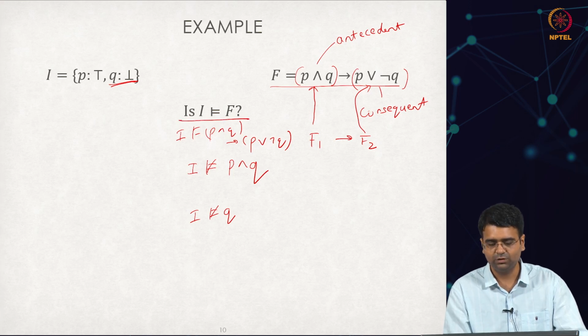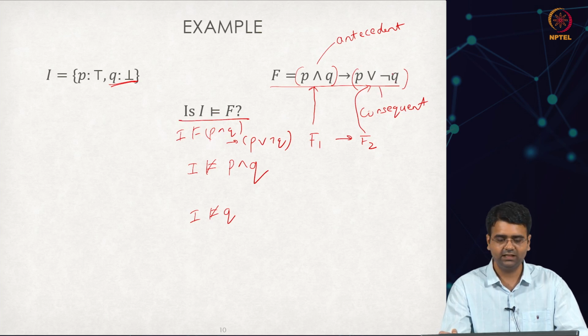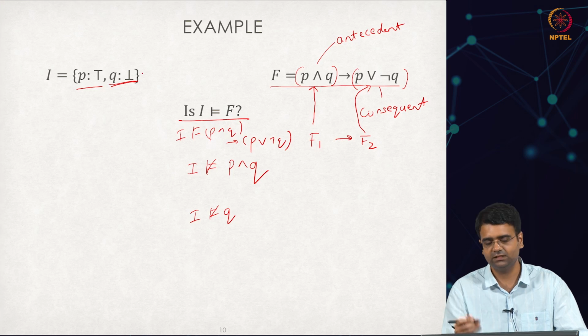So this is one way to reason about this particular semantics. You can also look at the consequent. You can ask, is I a model of P or not Q? Because I is a model of P and I is also a model of not Q, because it assigns the truth value false to Q, therefore I is also a model of the consequent. So in either direction you can show that I is a model of this formula.